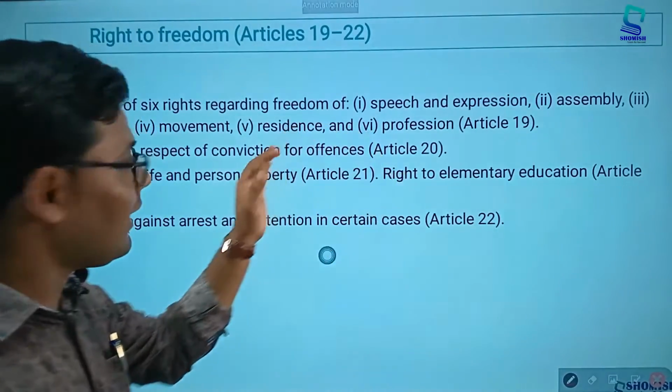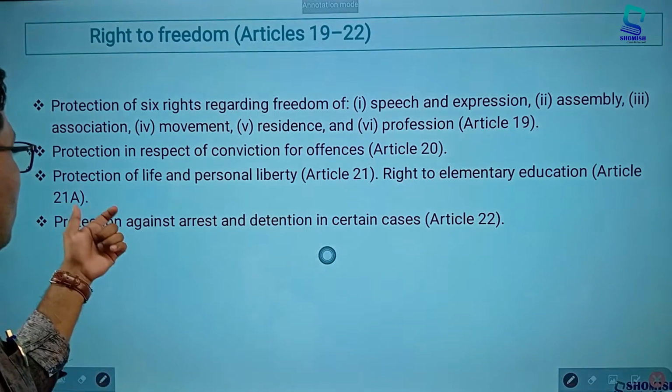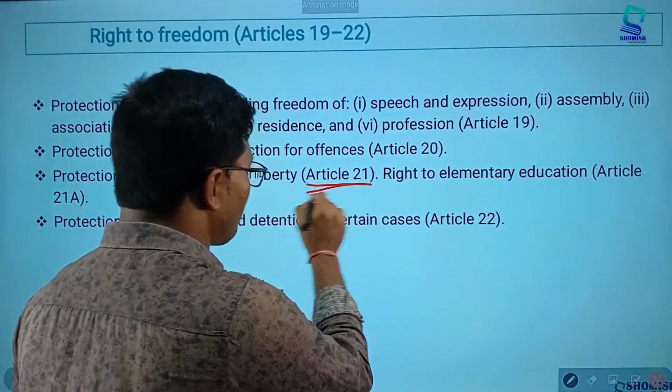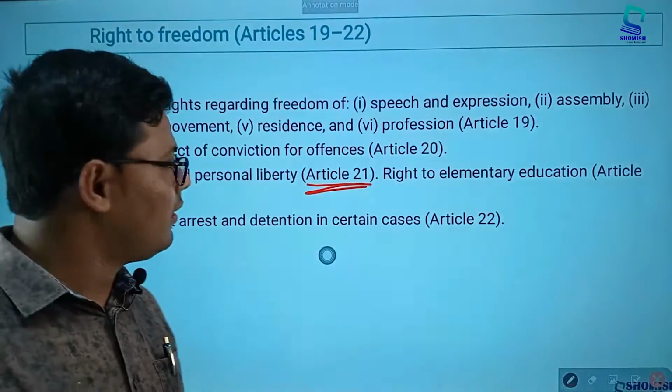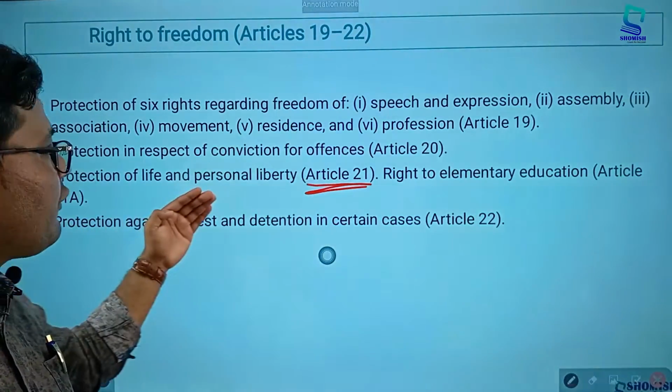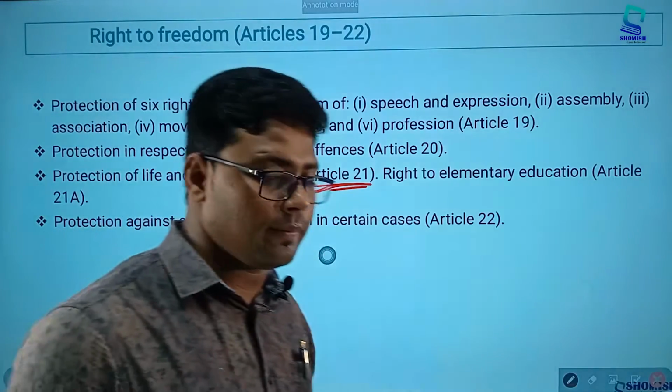Now, another important one, protection of life and personal liberty. Very, very important. Article 21, protection of life and personal liberty.